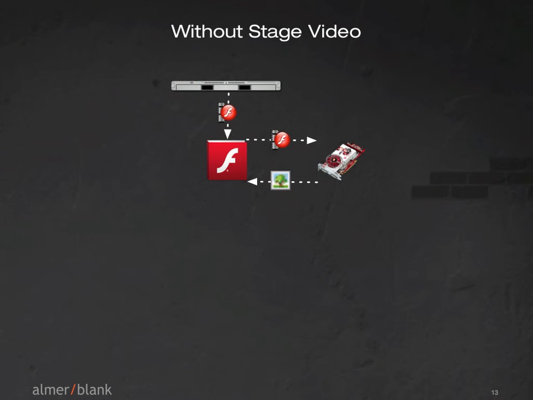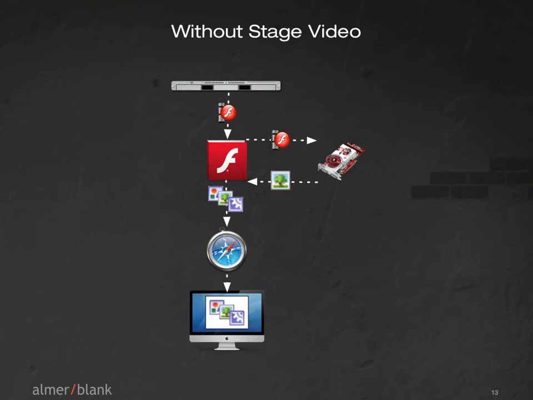And it asks the graphics card to send back effectively a bitmap of that data, right, to decode that data into a renderable image. Flash will then assemble that image along with whatever other symbols are on the stage, right, movie clips and graphics and whatnot, send it to the browser, and then the browser will send that to the monitor. Okay, so this, again, still uses hardware acceleration because we're relying on the native graphics card to decode the video, but not to render the video. Flash is still rendering the video.